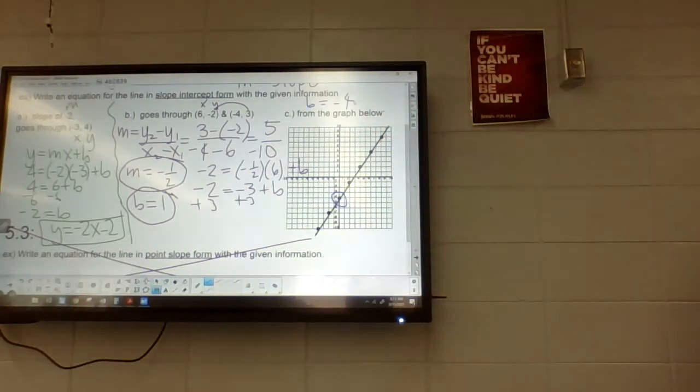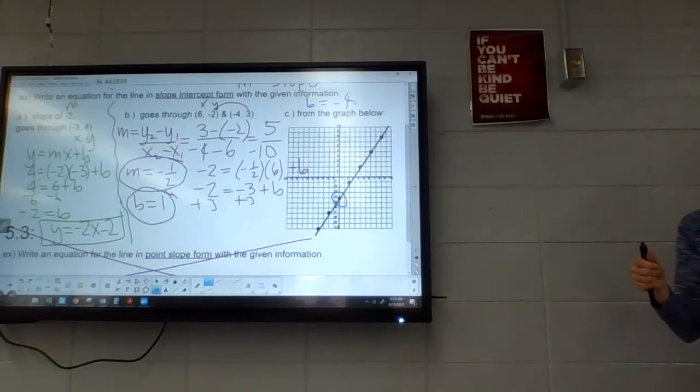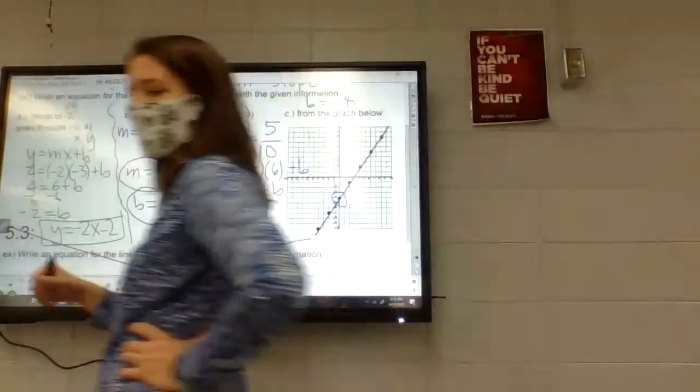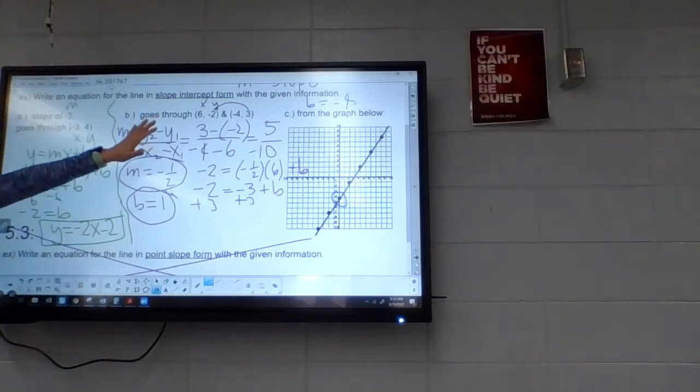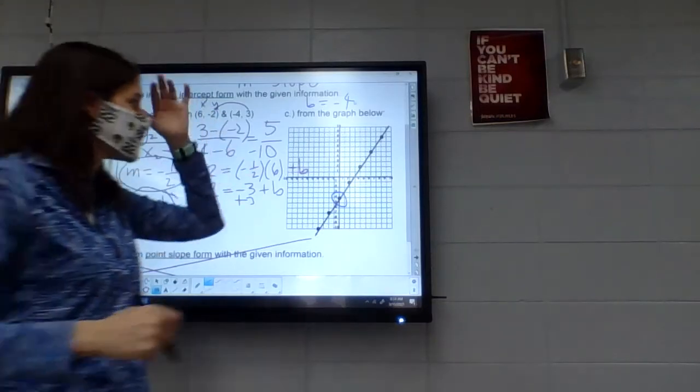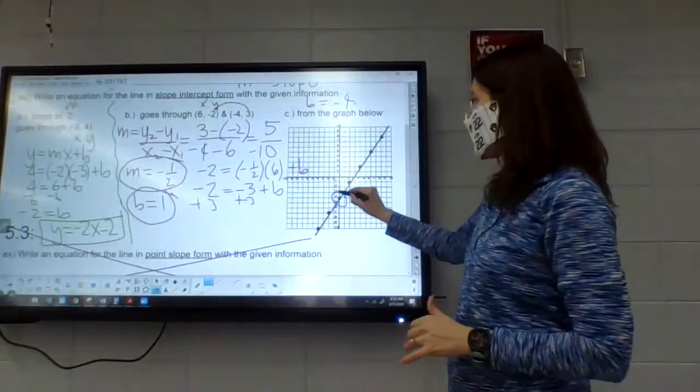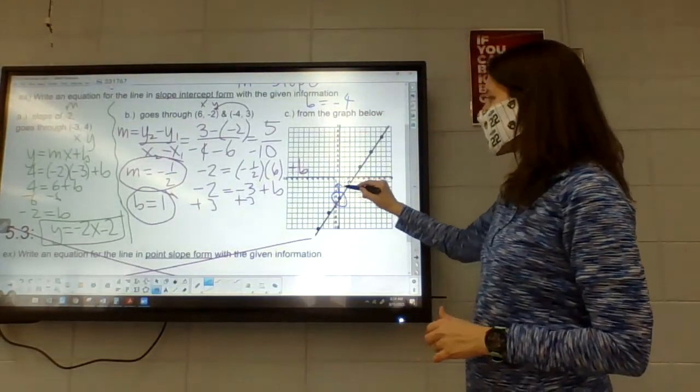And then how about our slope? How do we figure that out? Somebody else, but thank you. How do we figure out our slope from the graph, you guys? Yeah, you can just count rise over run. You could go back and do this formula. I think that's a lot more work. We just basically can pick 2 points and do rise over run. So up 3 and over 2.